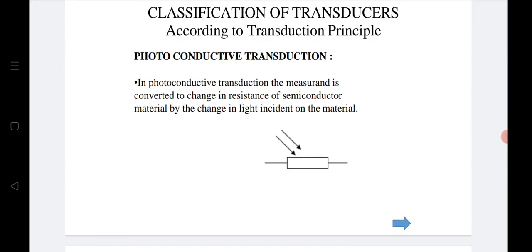The light applied to this semiconductor material will generate a change in resistance of the semiconductor. As that light changes, you get the output, which is nothing but a change in the resistance of the semiconductor material. That change is your electrical parameter change. That type of transducer is known as a photoconductive transducer. In a photoconductive transducer, the input will be light and the output is the change in resistance.